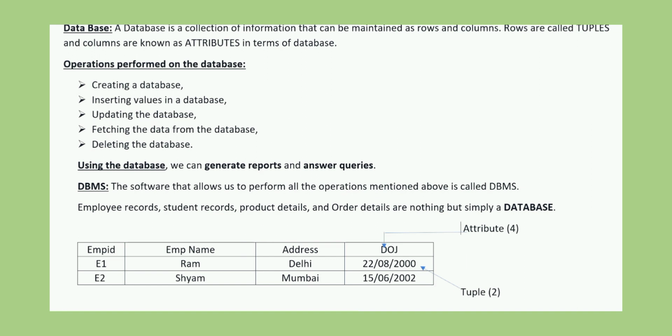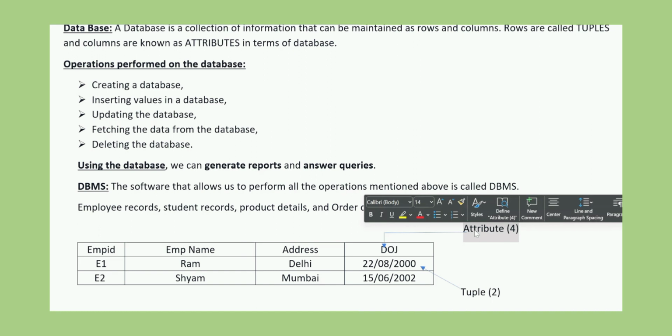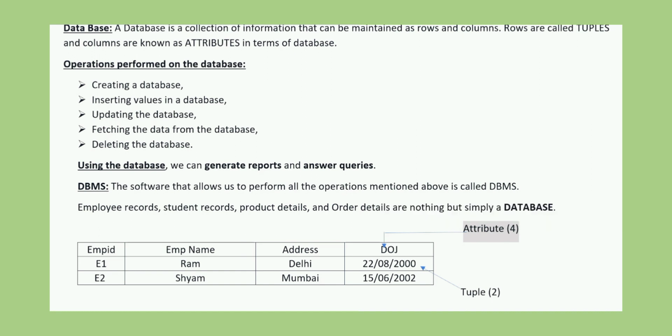Attribute means column name. The first column name is employee ID, the second is employee name, the third is address, and the fourth is DOJ, which stands for date of joining of that particular employee.